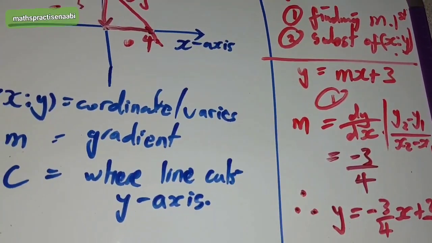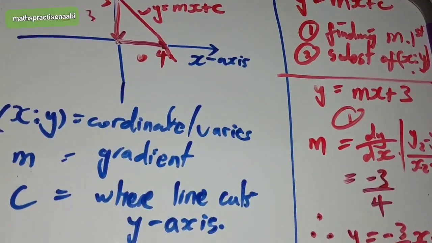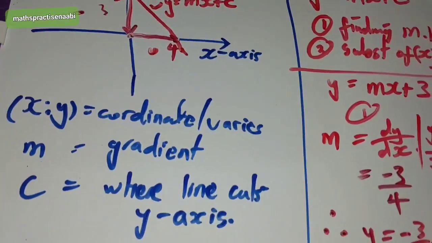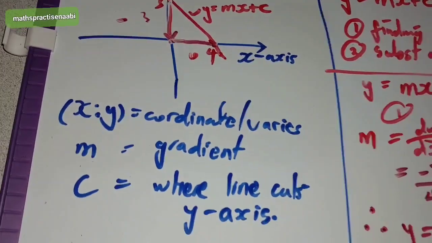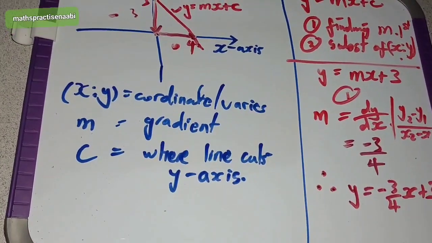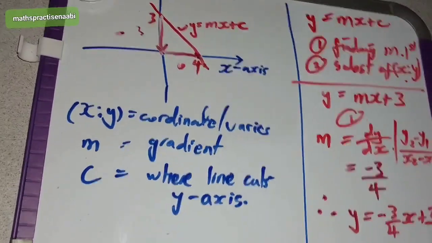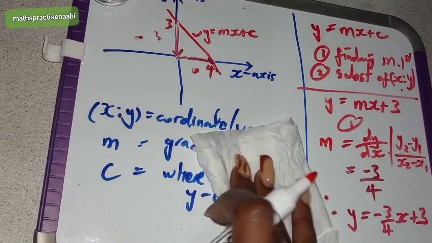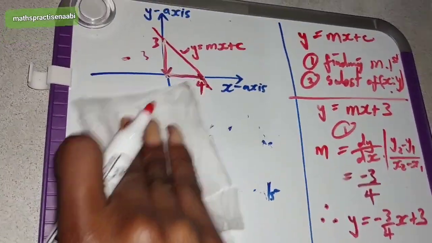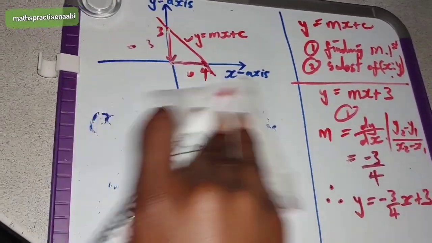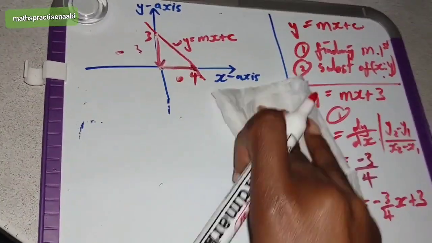Okay. Using the method of substituting our coordinates, right? We can use that one. Let's see if we find the same gradient. Okay, let's just make a little space here.